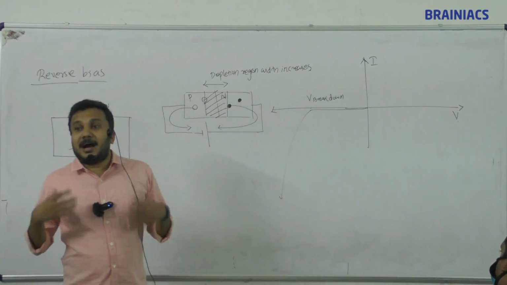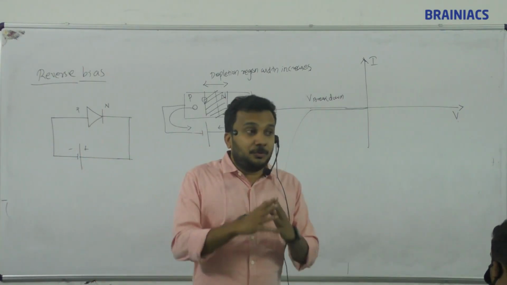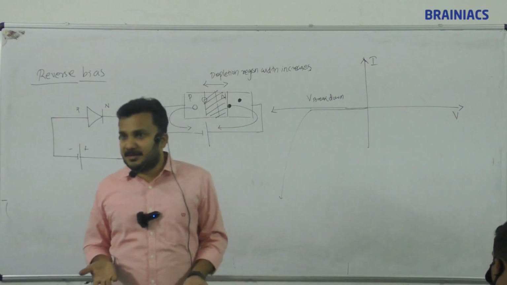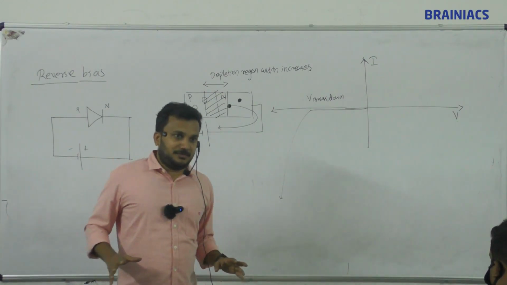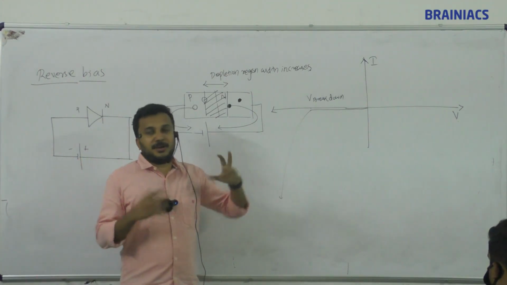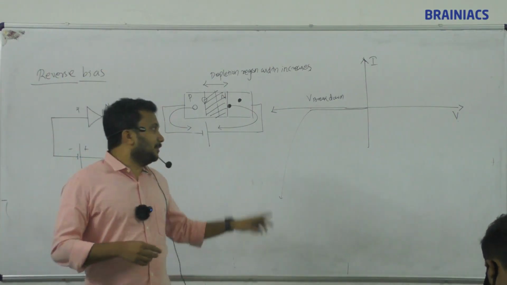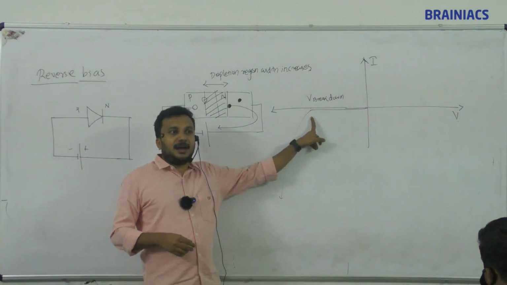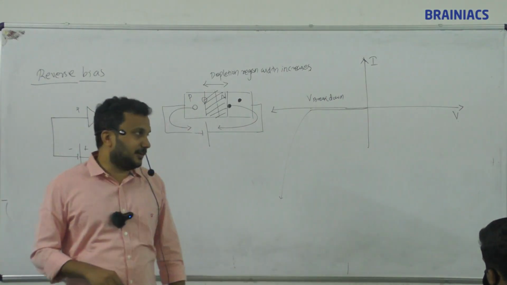After that, you cannot make it a semiconductor again. The semiconductor property is gone. How the breakdown happens I will tell you, but breakdown will happen at this voltage, and at the breakdown point it goes out of track.